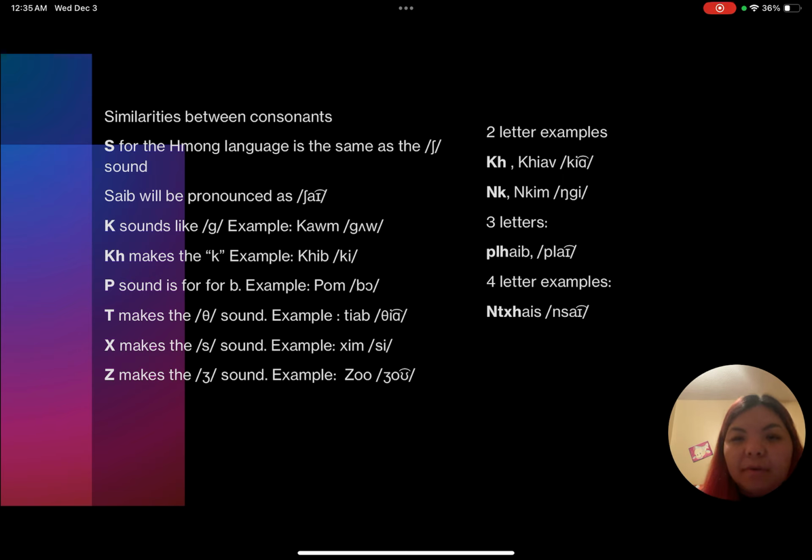My example for four-letter is NTXH. You will hear the nasal sound when I say it. Ntai. Ntai is girl or daughter.